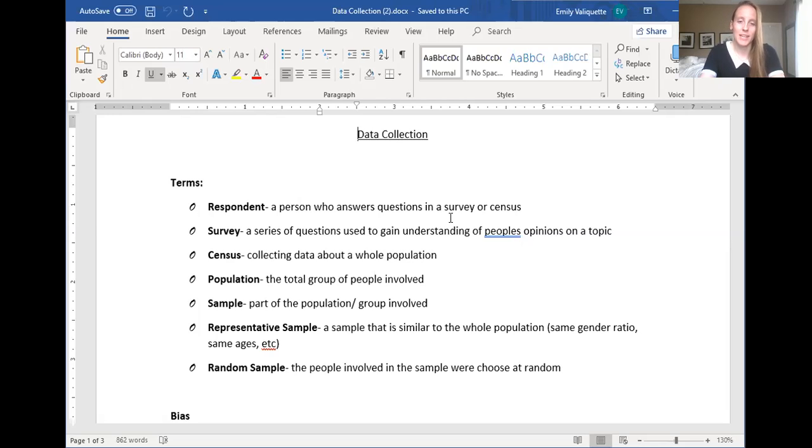So for example, if again the school was our population, a representative sample would have the same ratio of boys to girls as the entire school does. It would have the same ratio of students to teachers as the entire school does, that sort of thing. And then a random sample is when the people that you're asking questions to in the population are chosen at random. It's just like whoever you bump into first, that's who you ask.